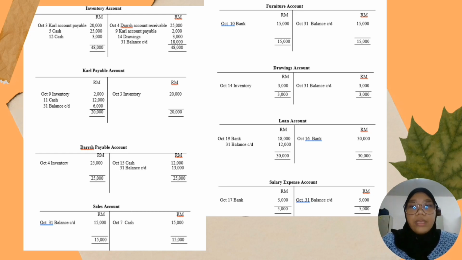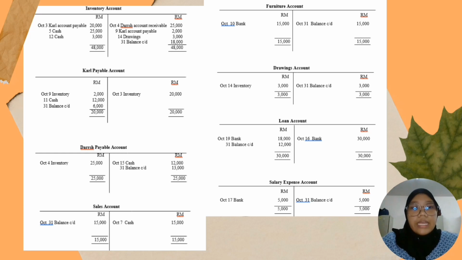Loan account has bank and balance c/d on the debit side, and bank on 6 October on the credit side, 30,000 ringgit Malaysia. Both have a balance of 30,000 ringgit Malaysia. Salary expenses account.